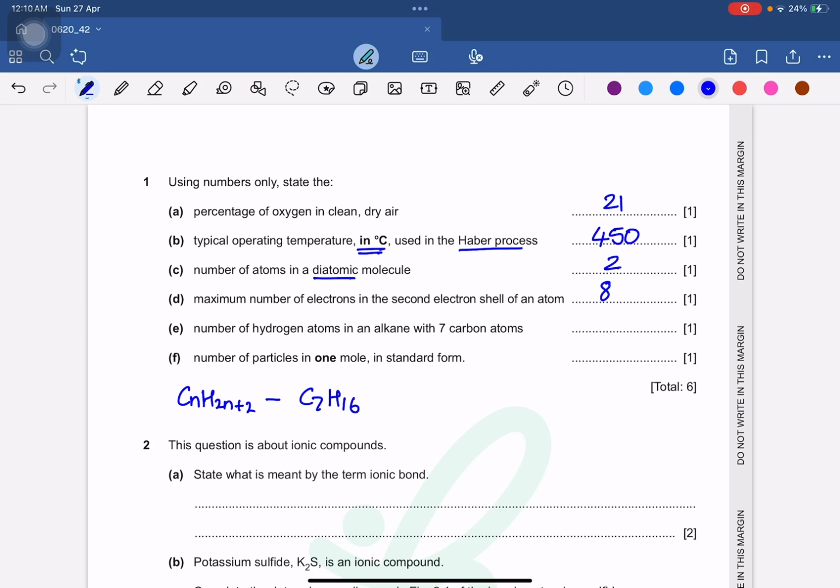So the total number of hydrogen for this will be 16. Number of particles in 1 mole in standard form. So that will be 6.02 × 10^23. So with this we have completed the first question.